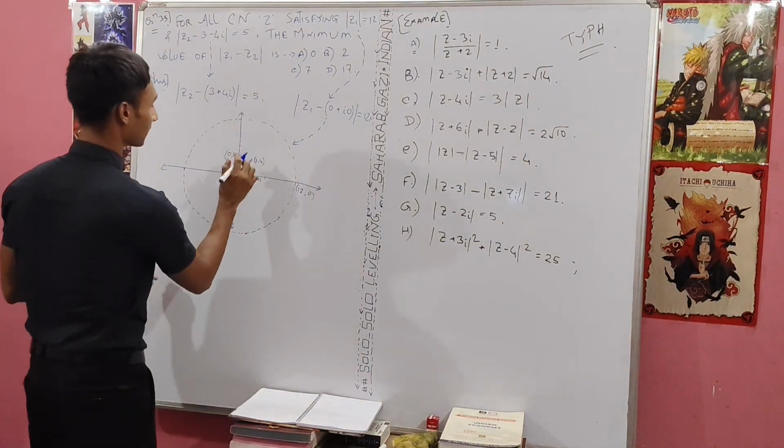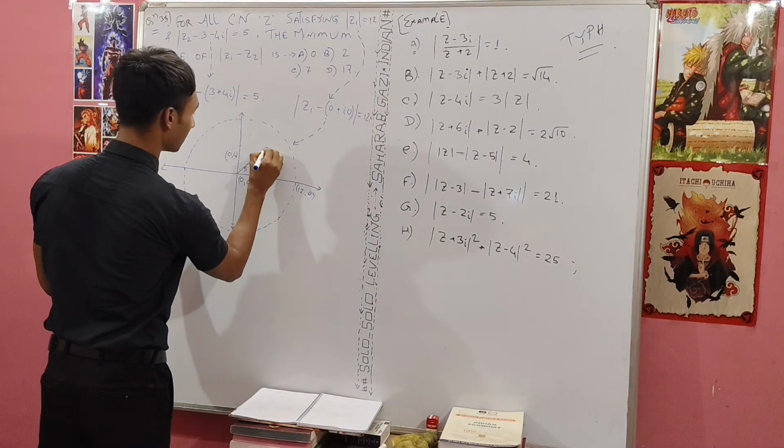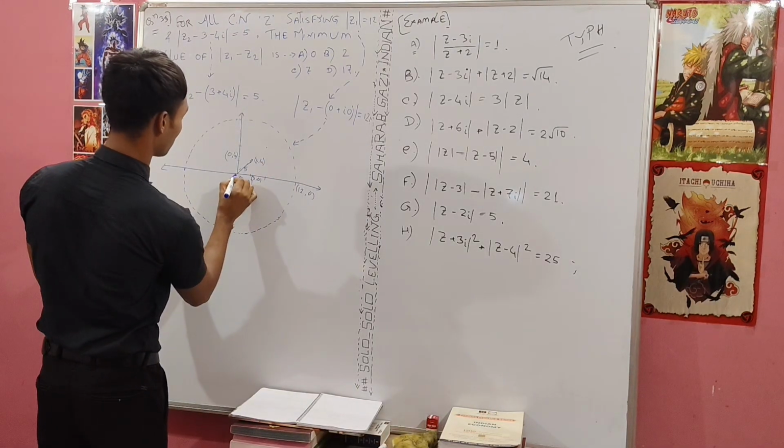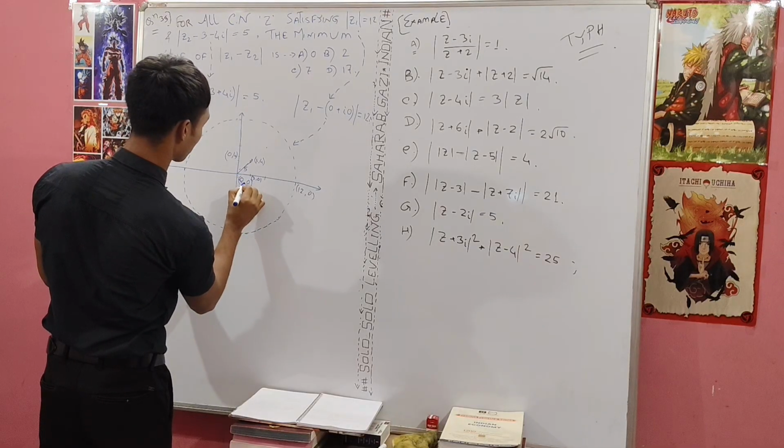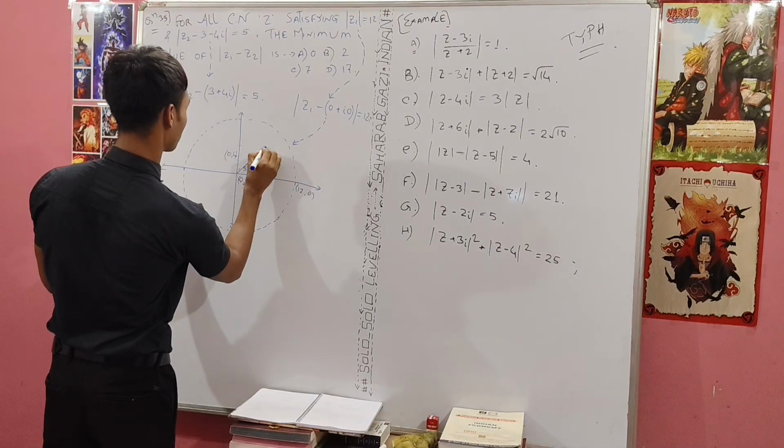Now the radius of this circle is 5 units, so you have to draw a circle from here.